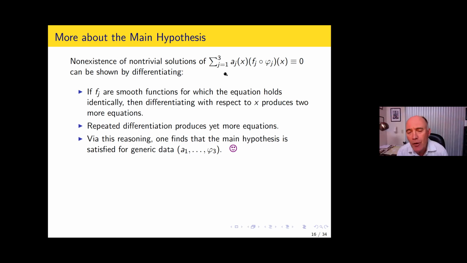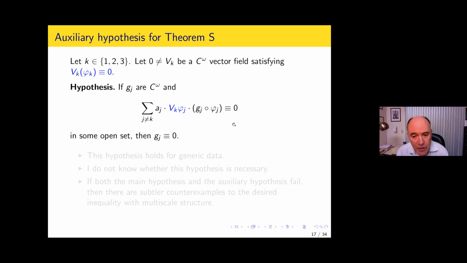Another hypothesis is that if we have real analytic functions gj which satisfy this equation, which you sort of get by applying vk to the threefold sum, if this vanishes identically in some open set, then the functions gj must also vanish identically there. I assume this for each choice of k. So this is three hypotheses.